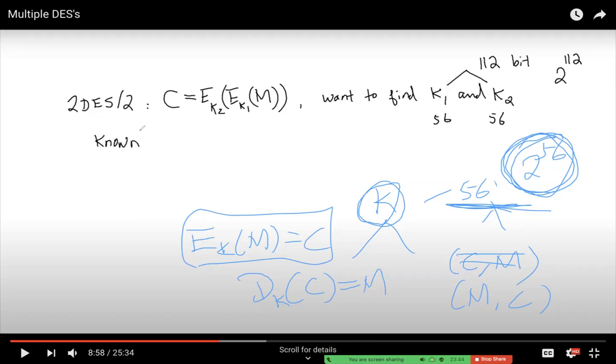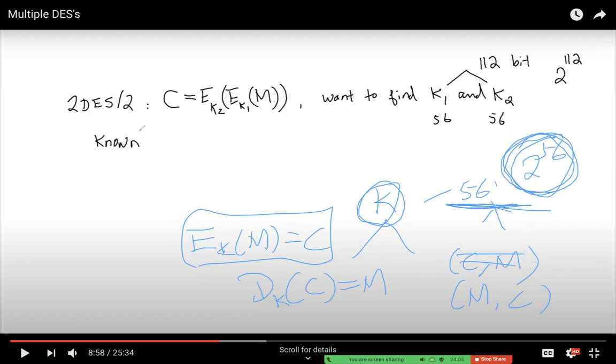So then, of course, one immediate solution would be: I want to have longer keys. That's the reason we use multiple DES. Longer keys means I apply DES more than once on different keys.